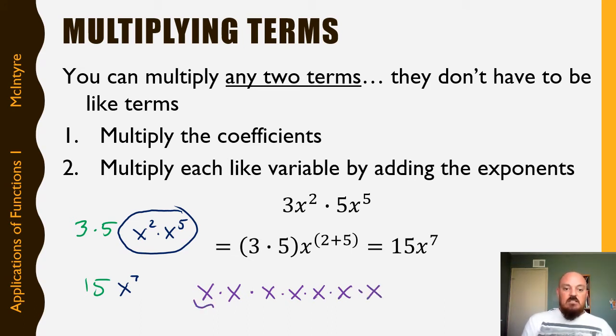So I have x squared is 2 x's, times x to the 5th is 5 x's. Basically, you're multiplying together 7 x's and you get x to the 7th power. So that's where that rule comes from. What you want to do is remember the rule. If you're ever multiplying variables and they have exponents, the rule is all you got to do is add those exponents.